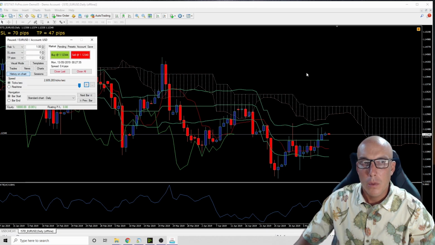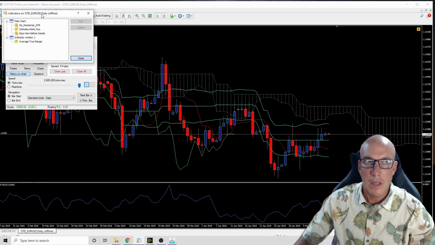Okay, so now we've got the indicator here, the Kijun Sen in green with ATR bands on it. Now, the indicator I'm going to give you is actually called the Kijun Sen Keltner bands. Keltner bands use the same ATR calculations to make their bands.